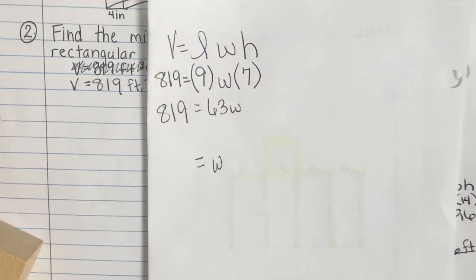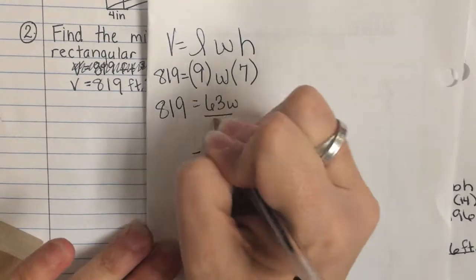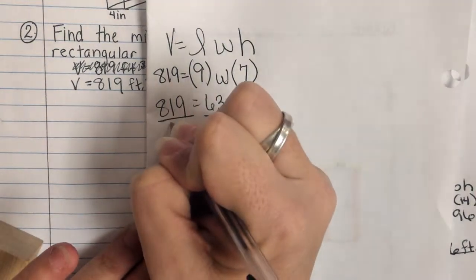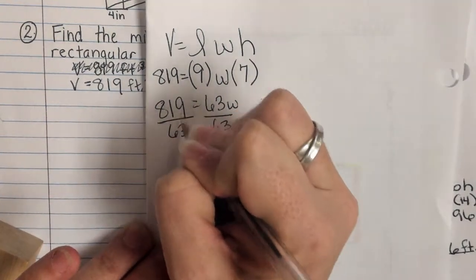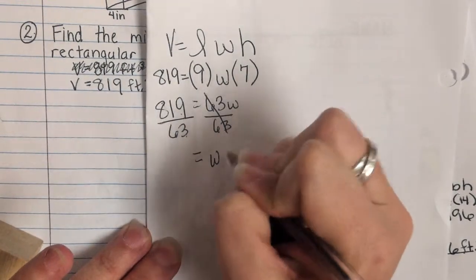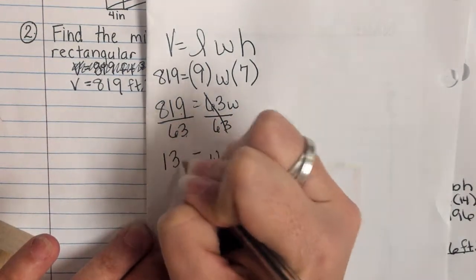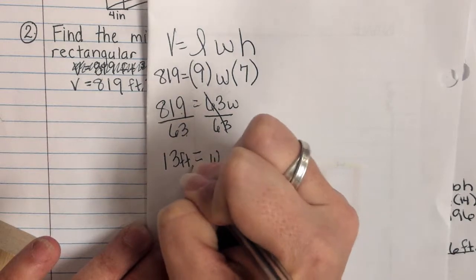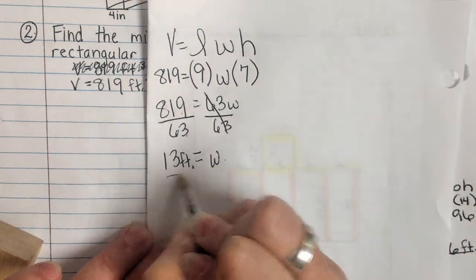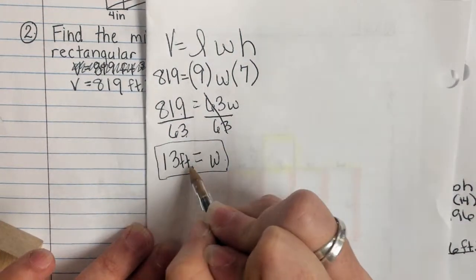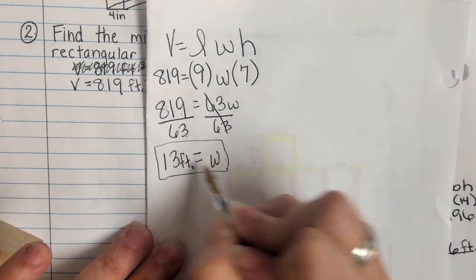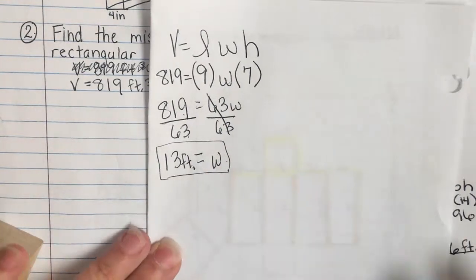So 63 up against W means multiply. The opposite is divide. What we do to one side, we do to the other, and it is 13. I look back, and it is feet, and since it is just a width, it's what I call a boring measurement. It's not squared, it's not cubed, nothing like that.